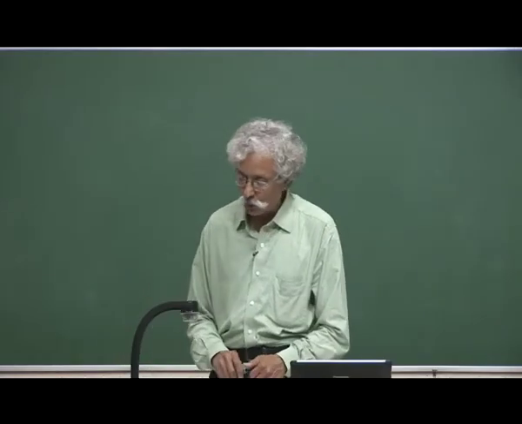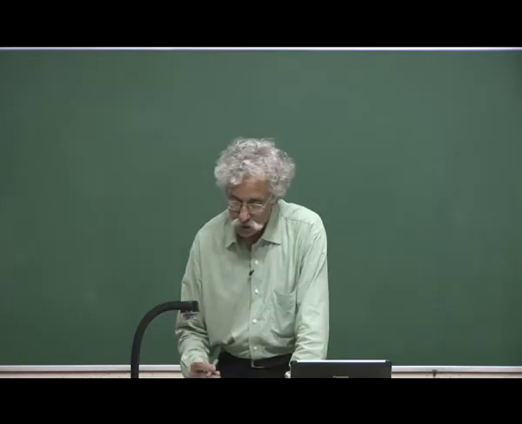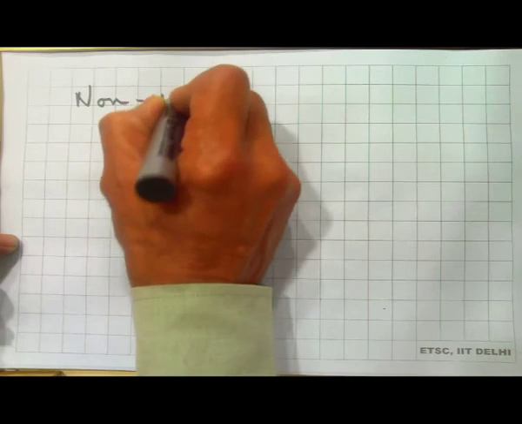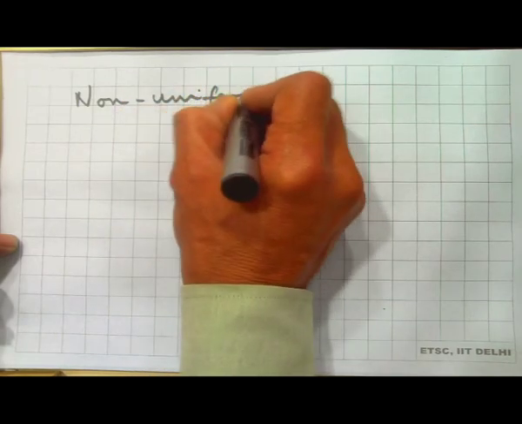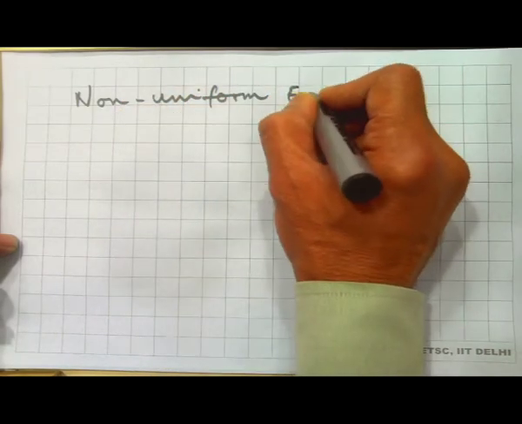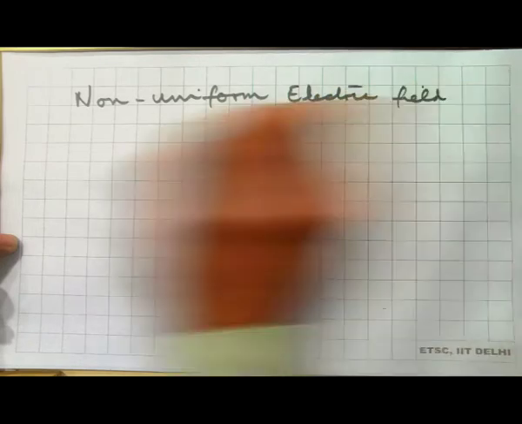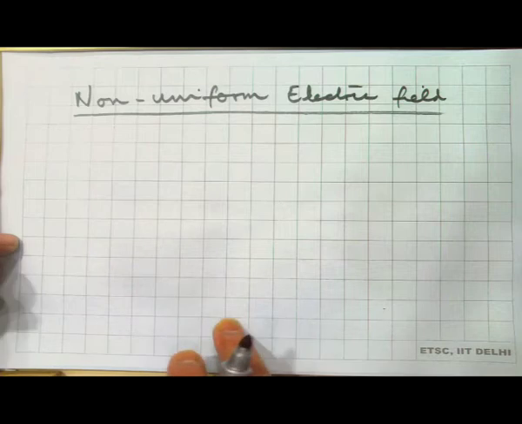Now, what will happen if the electric field is non-uniform? Non-uniform electric field means electric field depends on position.